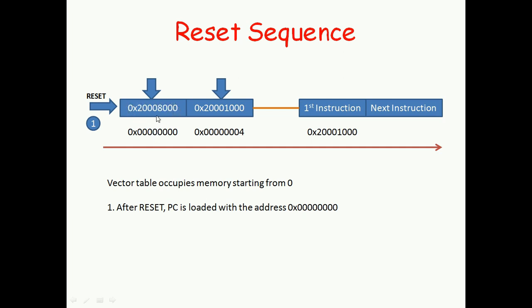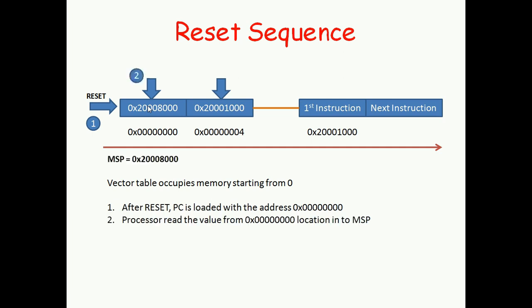Before it points to the reset handler, this address needs to be saved in the main stack pointer. So that is what is happening here. After reset, after PC is loaded with the initial address of the memory, the processor reads the value from this initial memory address into the main stack pointer.